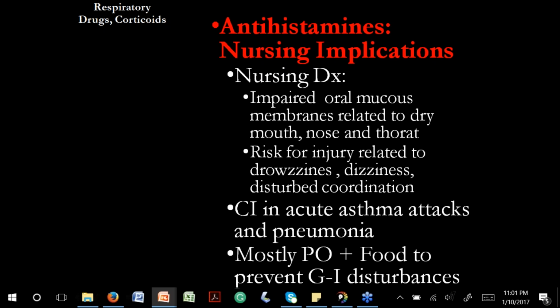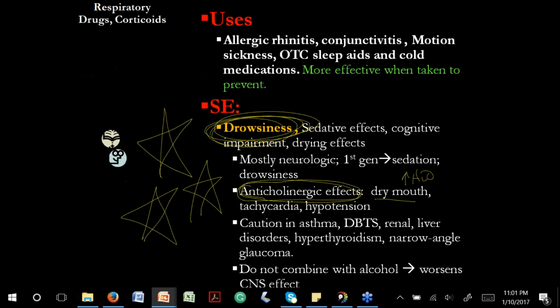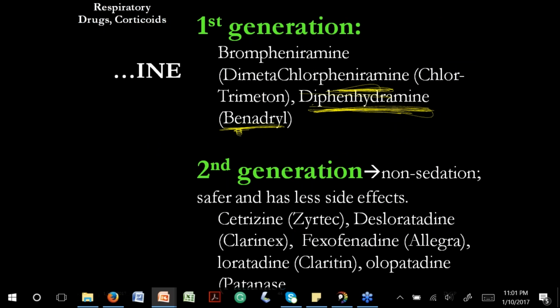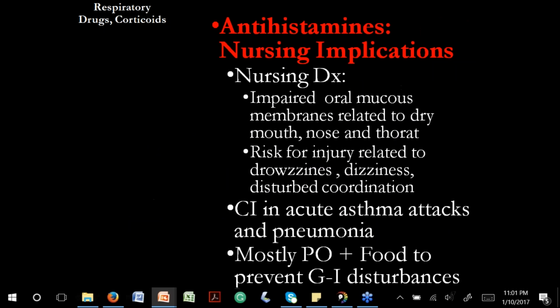All right, so mostly one thing I want, before I forget, is this. We have the decongestants, so please remember this. I'm going to put 3 stars. Okay, 1, 2, 3. Decongestants, and you have the nasal spray, nasal, and PO.